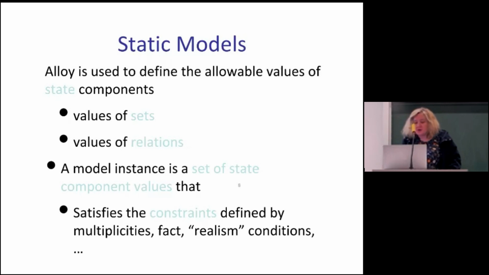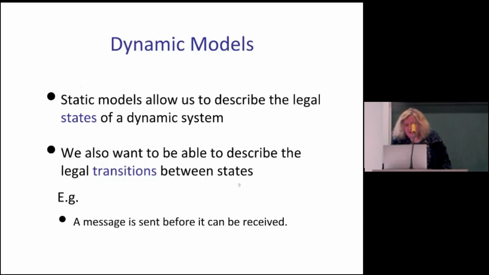For Alloy, that would be typed first-order logic, and what we want here to be able to express is how many times we expect a certain action to happen, what is a fact in our model, what is a realism constraint, what can we realistically expect to happen, what is representative of our world as we know it.